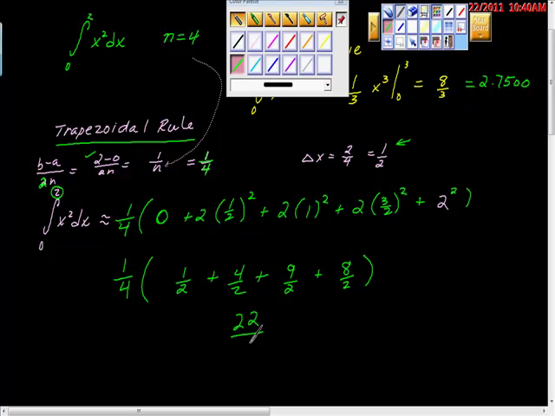That's the summation of all this stuff in here, times this 1/4, which is equal to 22/8, which of course is equal to 11/4. So that simplifies to 11/4.